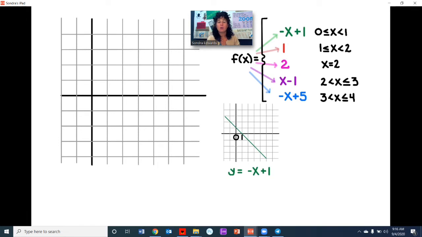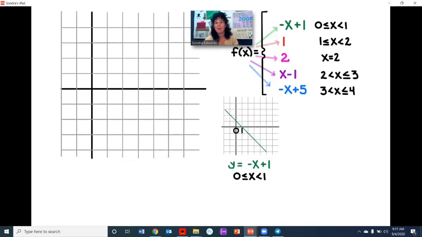If I graph y equals negative x plus 1, I get this line, and then we only want to use the piece from 0 to 1. I'm going to put in a rectangle from 0 to 1 to emphasize what piece we're going to use.